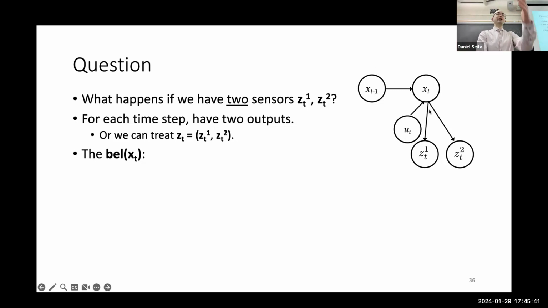You can just redraw your Bayes net like this, assuming you have some conditional independence. If you want, you can also just embed everything into one multivariate ZT, and then put everything in one node.